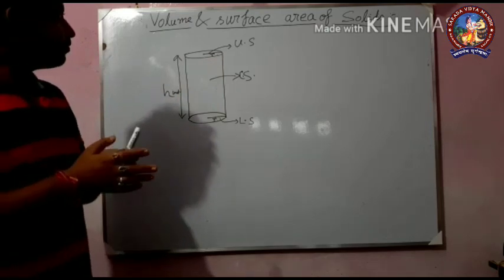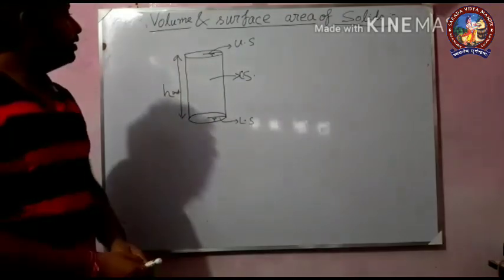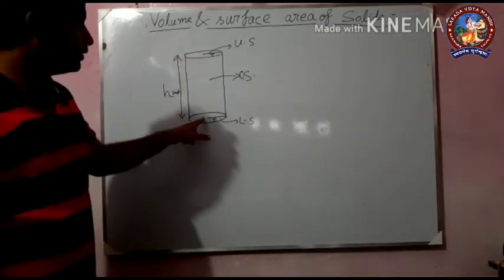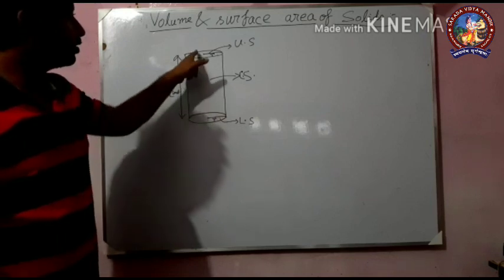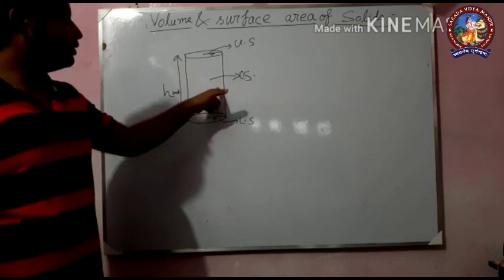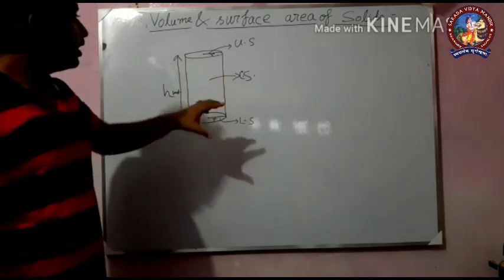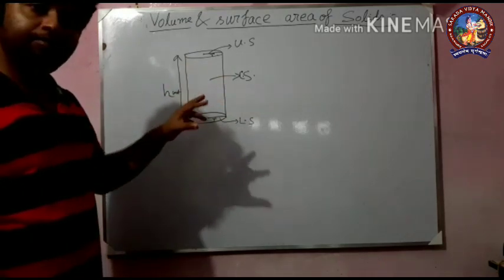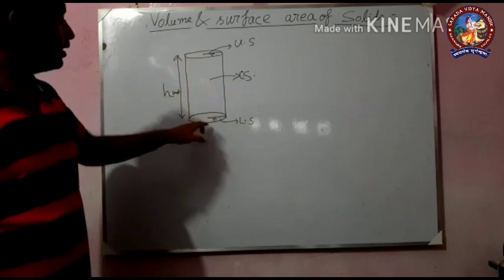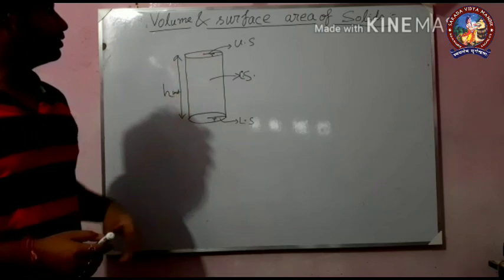Now, if we have to calculate the total surface area of the cylinder, then we will first find the surface area of these two circular surfaces, and next we will calculate the total curved surface area, and then we have to add them. If we add this area and this area, then we will get the total surface area of the cylinder.